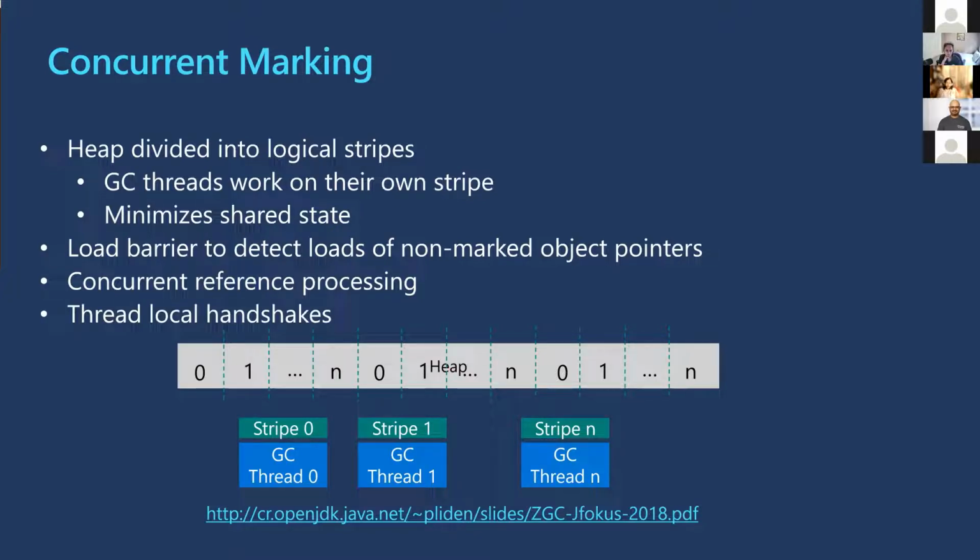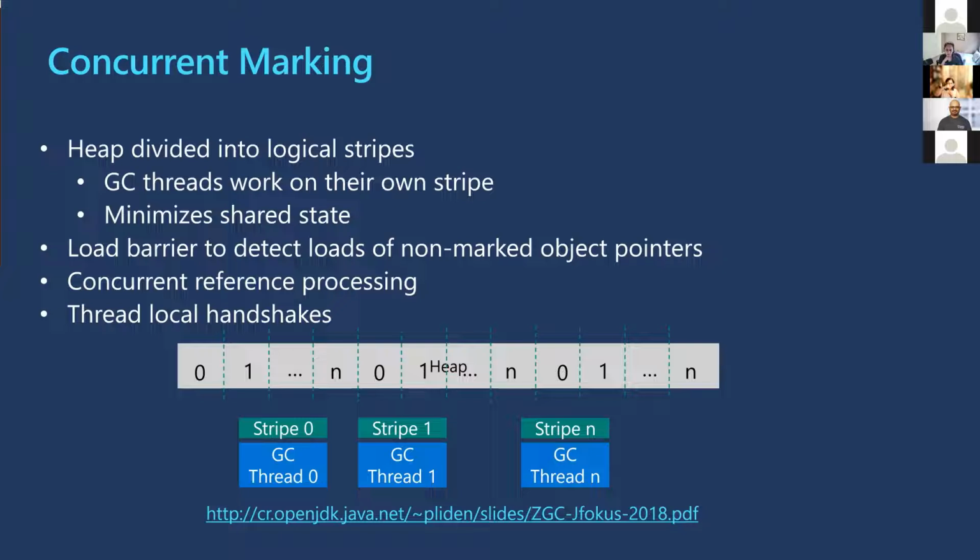And the whole concept of thread local handshakes, I won't go into detail here, but I talk about it in some of my G1 presentations. This is where you don't have to wait for a global handshake event, which is where your safe points come in.